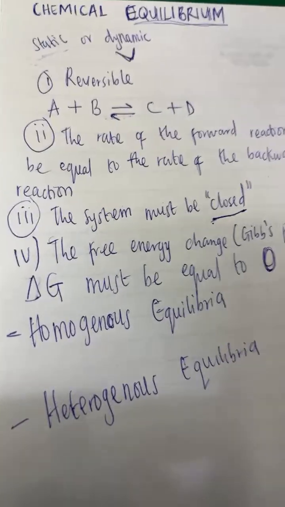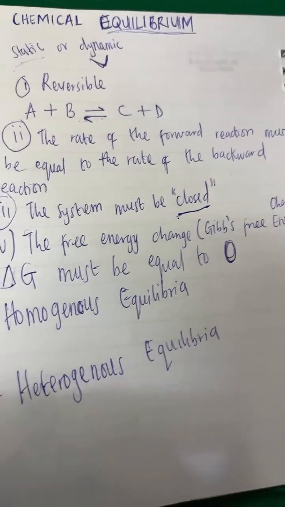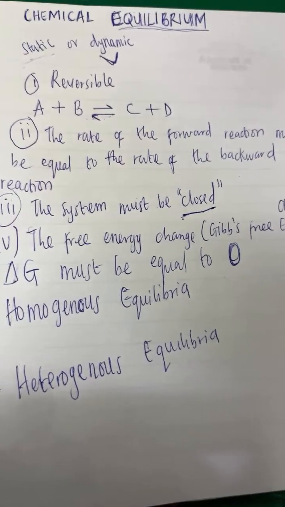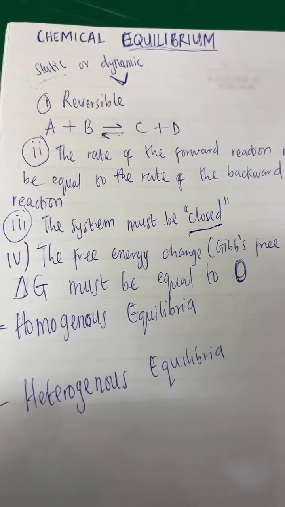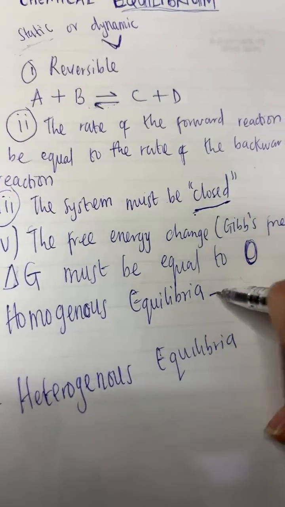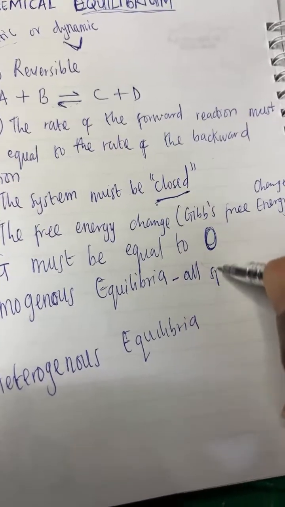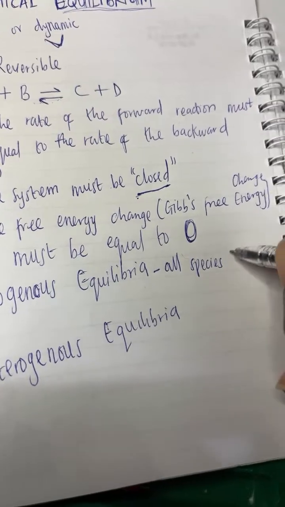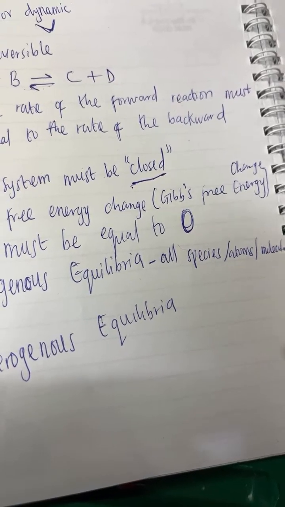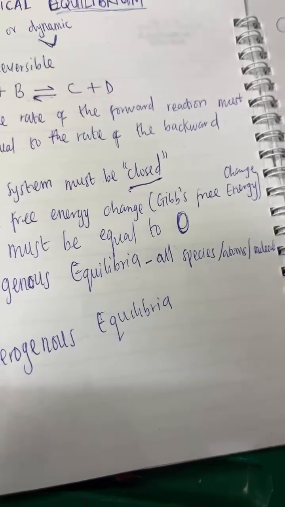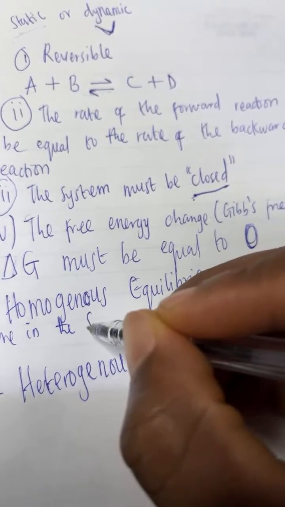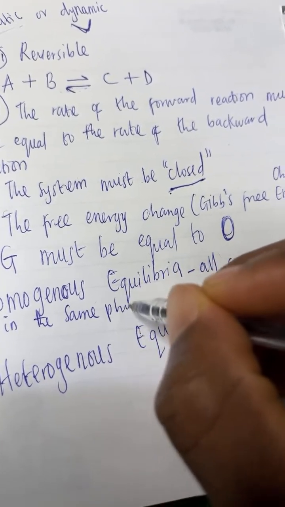For homogeneous equilibria, all the species, or atoms, or molecules that are taking part in the reaction or in the system, are in the same physical state.